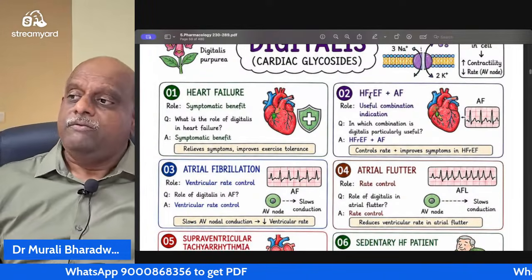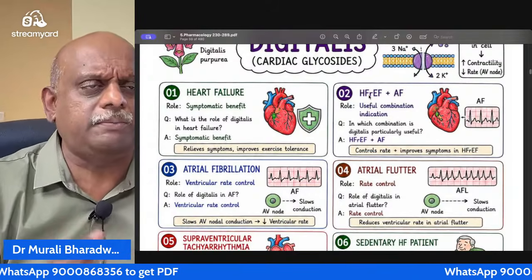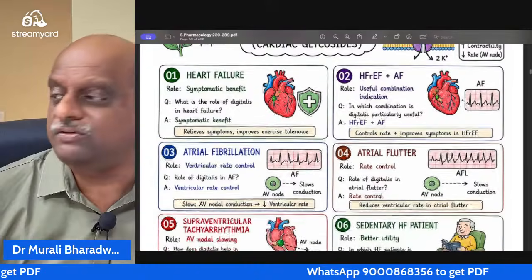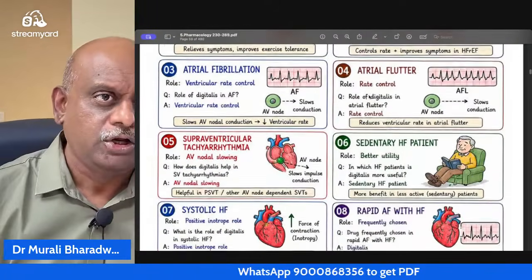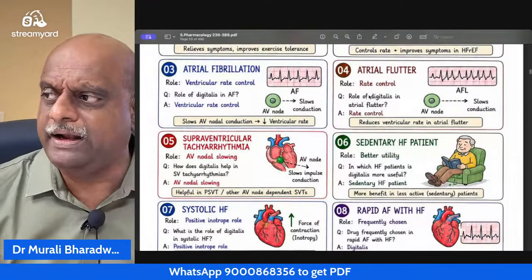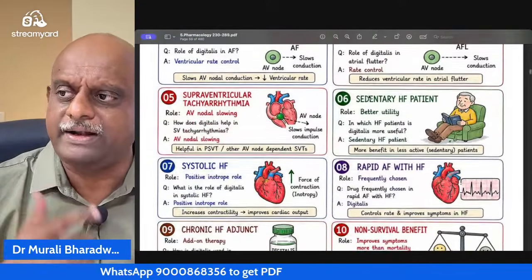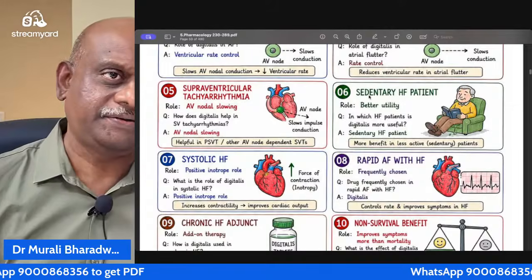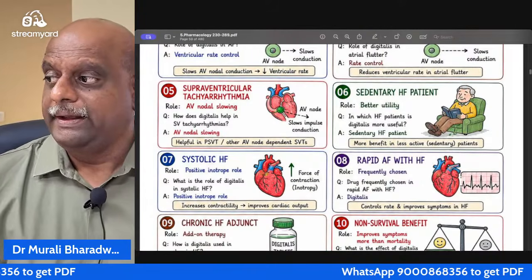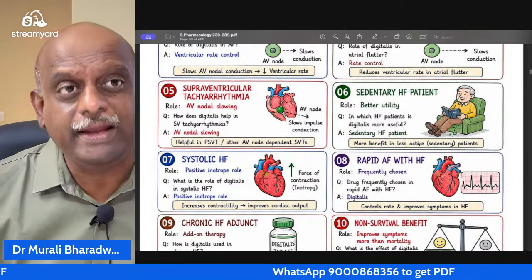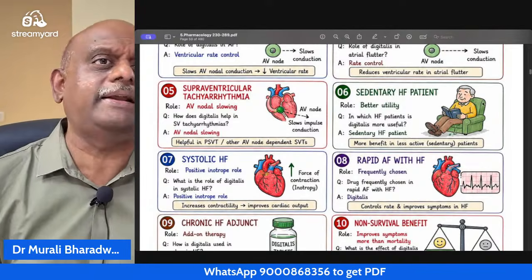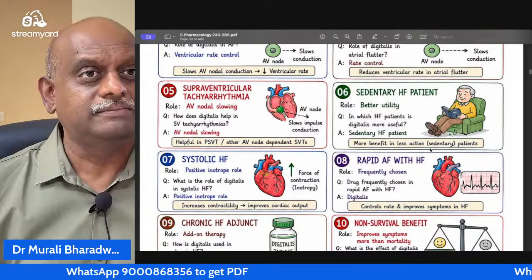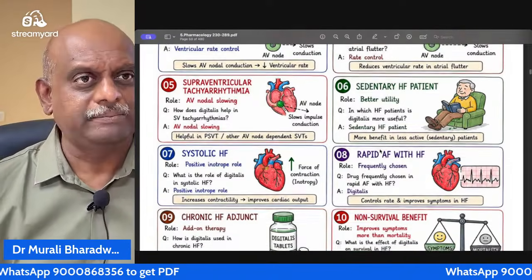Whenever there is heart failure with reduced ejection fraction plus atrial fibrillation, digitalis will help to improve the symptoms. To control the ventricular rate in atrial fibrillation, atrial flutter, and supraventricular tachyarrhythmias, we use digitalis. Now, any heart failure patient having a sedentary lifestyle, digitalis will help.